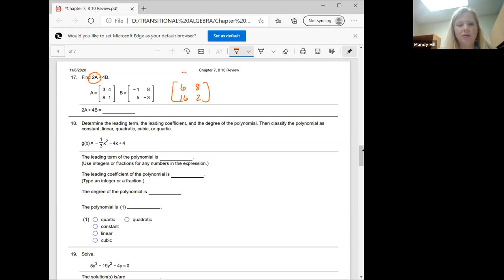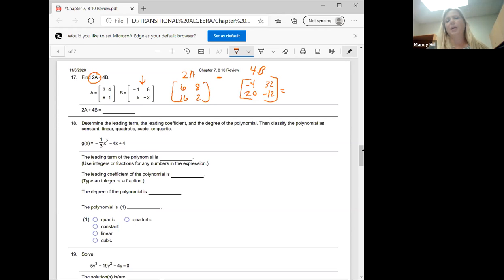So that represents 2A. Then we're supposed to subtract 4B. So I'm going to take everything in this matrix right here and multiply it by 4. So negative 4, 8 times 4 is 32. 5 times 4 is 20. Negative 3 times 4 is negative 12.